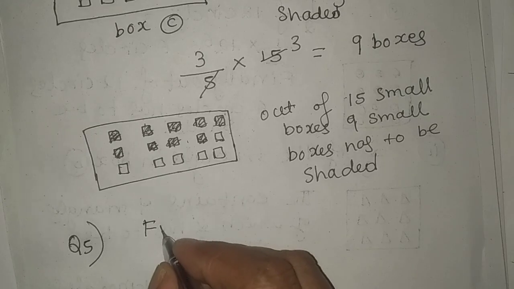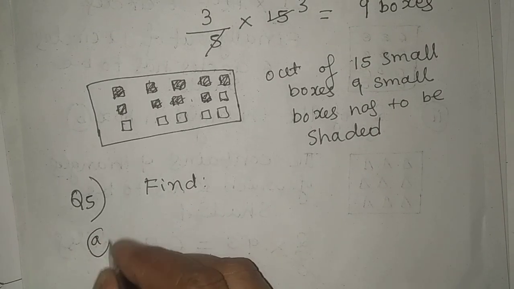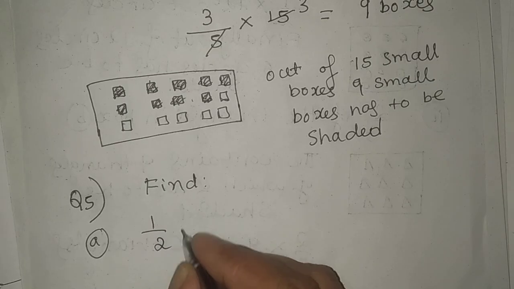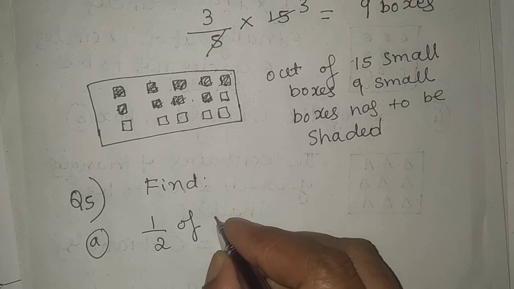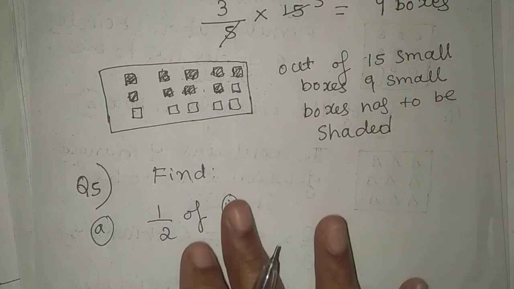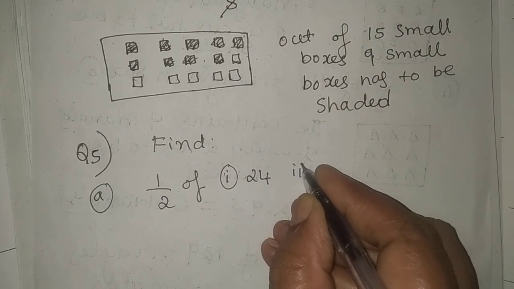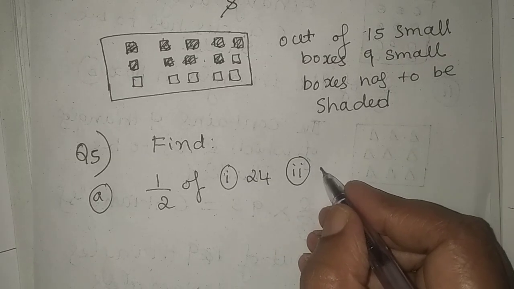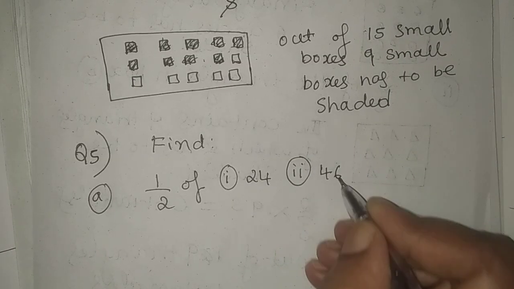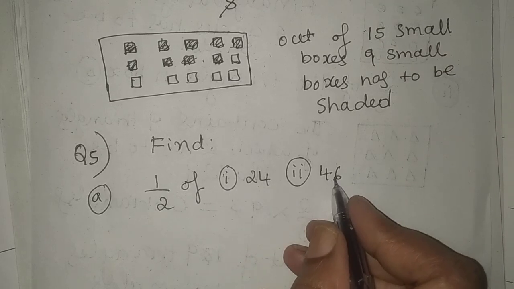Question 5 is find A is 1 by 2 of, first is given as, here also sub-problems. Inside the sub-problem there are 2 sub-problems, 24, and second is 46. Therefore of 24 and of 46.